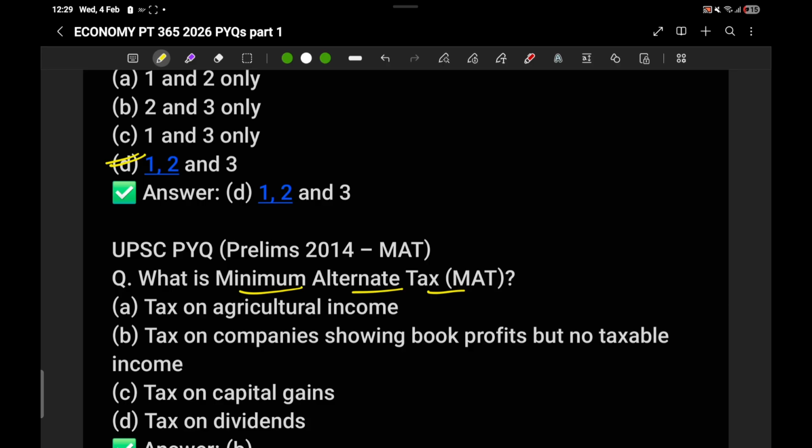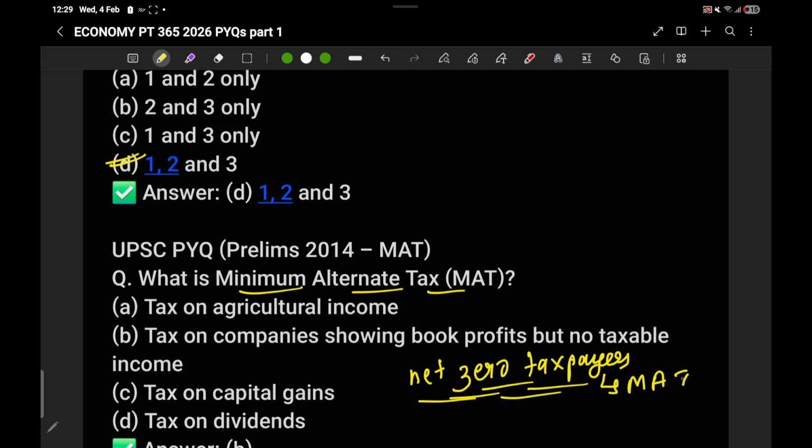Yesterday we have learned that there are some companies which show themselves as net zero taxpayers, though they are generating substantial profits. So on that, the government is charging minimum alternate tax, means the company has to pay tax irrespective of the profit generated by them. So option B is the right answer here.